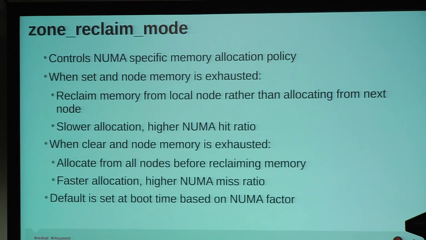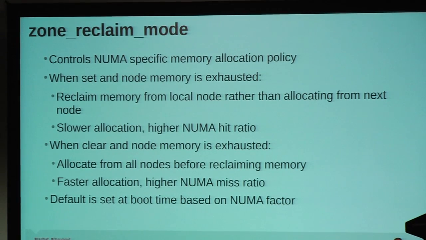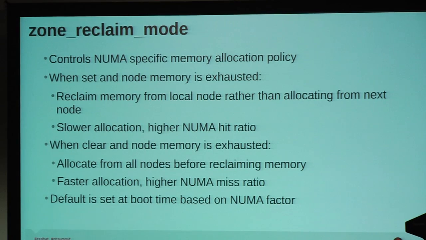And if that tunable is set, when it exhausts all the memory on a node, rather than going and start allocating memory on another node, it'll start page reclamation on that local node, because the system determines that it's actually more expensive to distribute the memory among nodes than it is to just simply page and swap and get rid of stuff and run it all locally on that node.